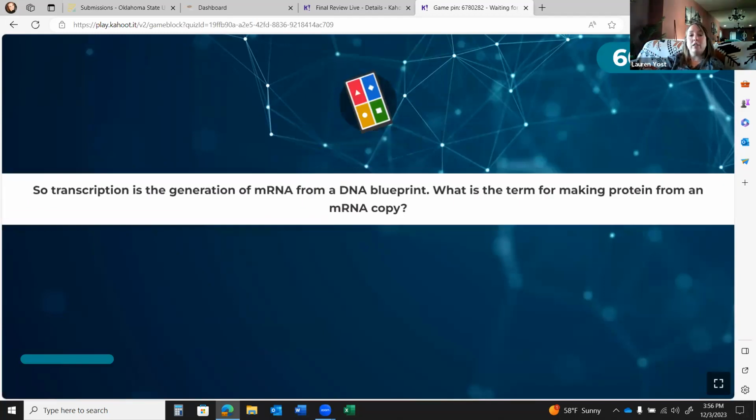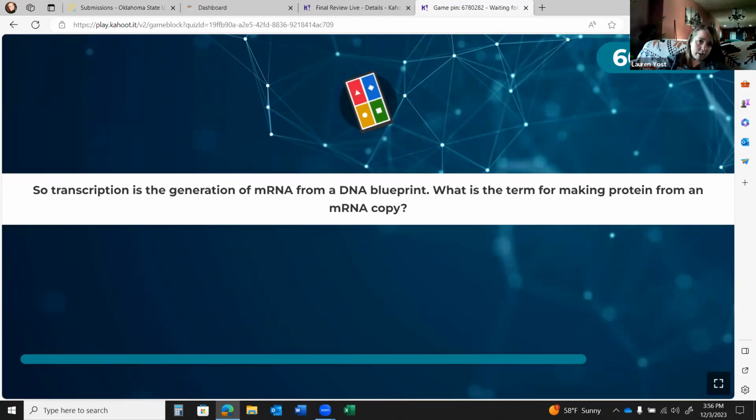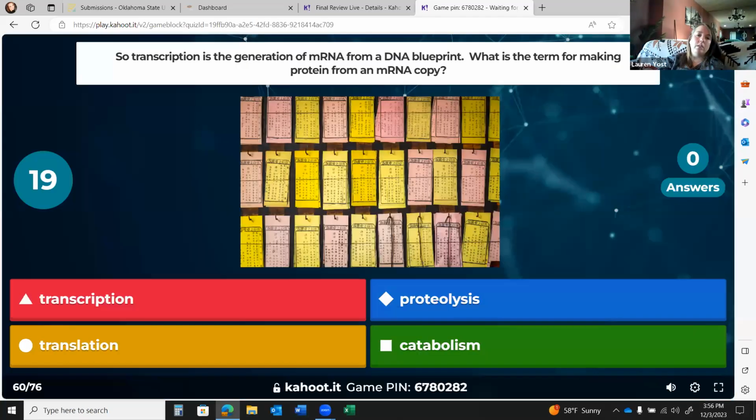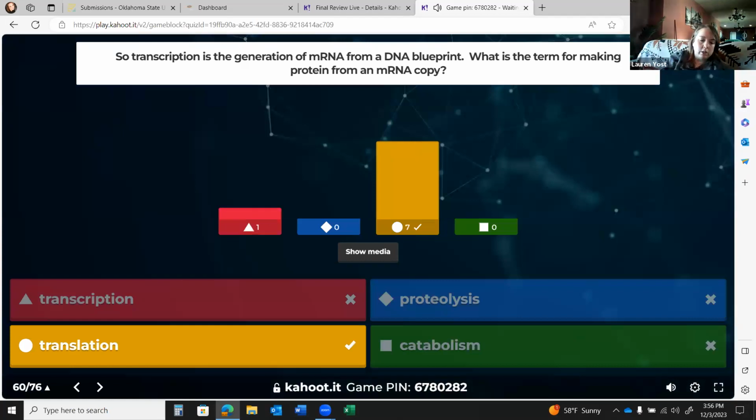All right. Transcription is the generation of mRNA from the DNA blueprint. What is the term for making protein from the mRNA copy? Yep, translation. Good job, guys.